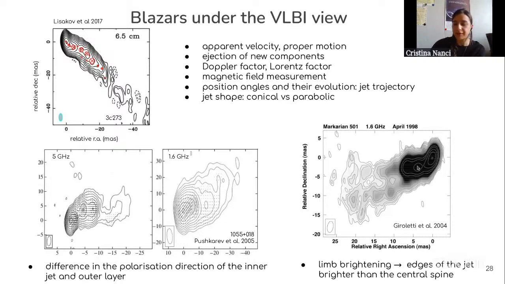That is a feature that we found in several blazars, in which the edges of the jet are brighter than the central part. Again, one of the explanations is that we are observing layers moving at different velocities, producing this effect.